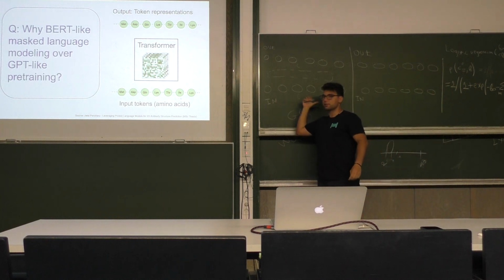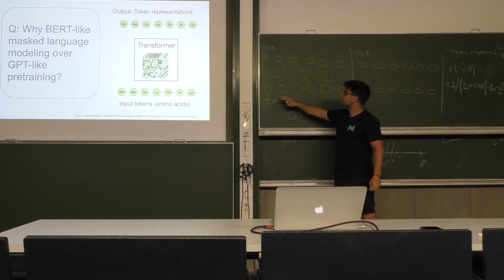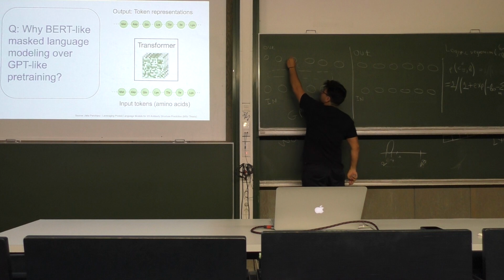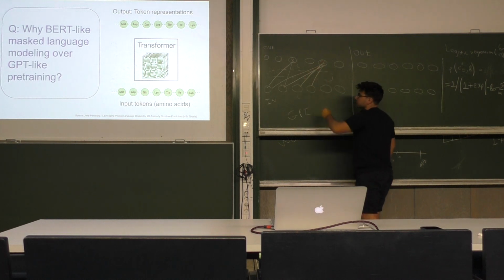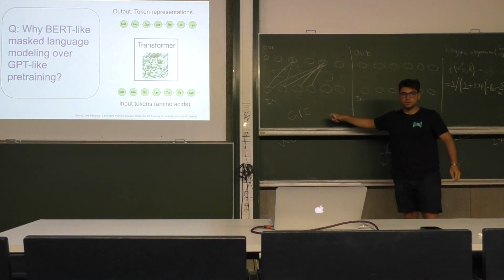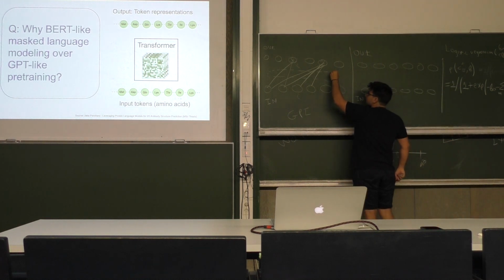If we consider these directions, this output token will be the result of only the previous ones. And similarly, this token will only be the outcome of those ones. Is that clear? So this is with masked attention.